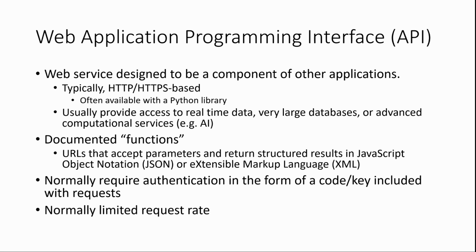The API documentation will also indicate how to authenticate requests, which more often than not is done with a special code called an API key that must be included with every request. It'll also say how often the API may be used, and this is known as the request rate. It'll typically be in the thousands per day. While most services can handle many more than that, this limit ensures that no one application dominates the server.